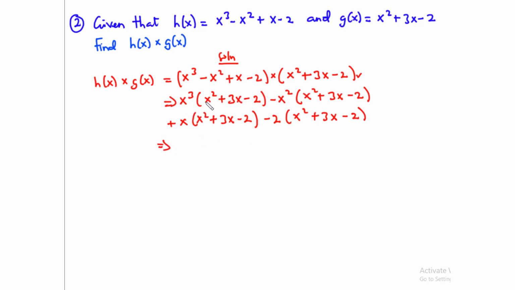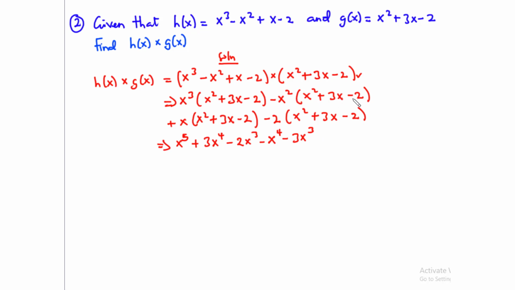So x cubed times x squared is x exponent 5. x cubed times 3x is 3x exponent 4. x cubed times negative 2 is negative 2x cubed. Now negative x squared times x squared is negative x exponent 4. Negative x squared times 3x is negative 3x exponent 3.